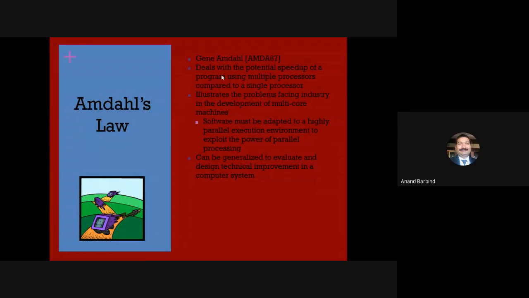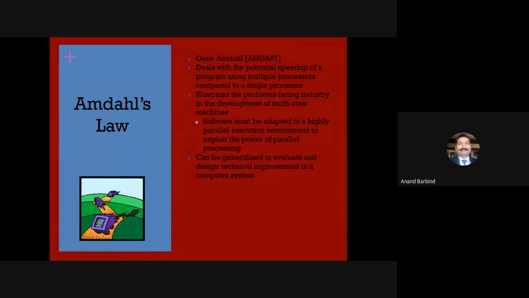It is by Gene Amdahl. It deals with the potential speedup of a program using multiple processors compared to a single processor.